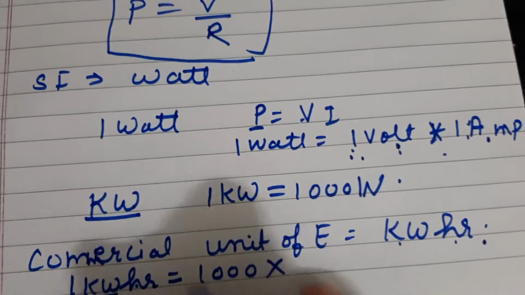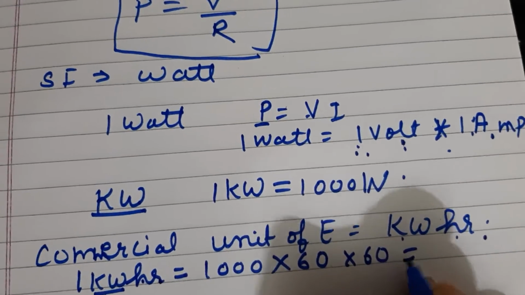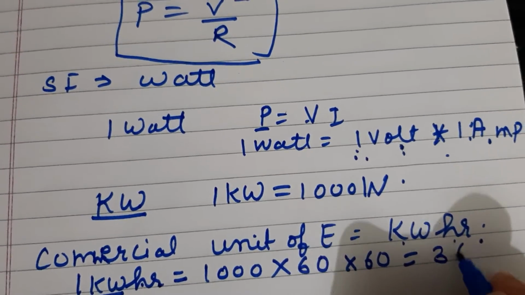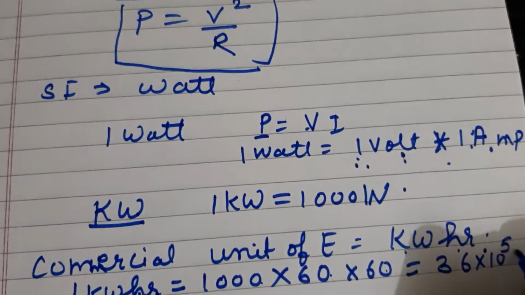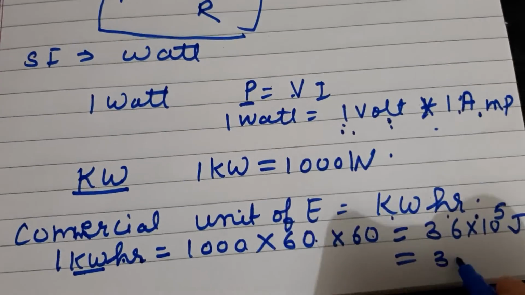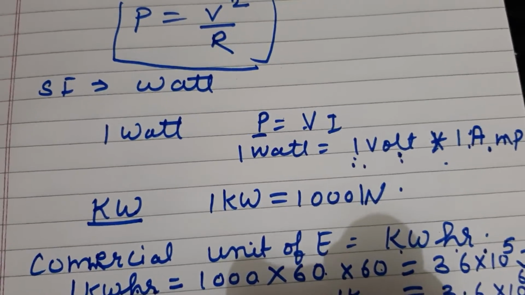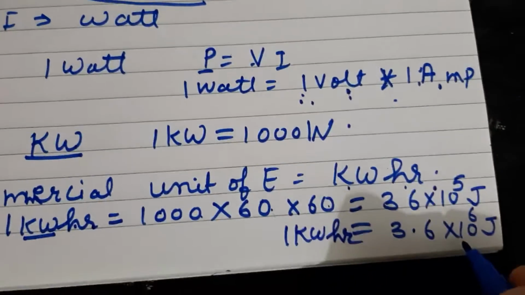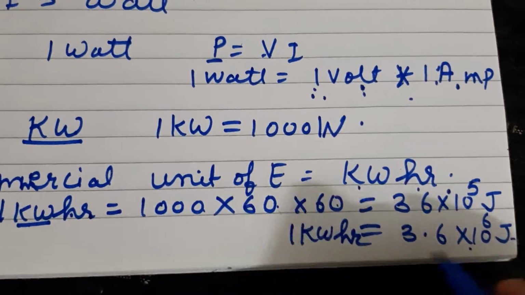In 1 hour there are 60 minutes, and in 60 minutes 60 seconds each. So it will be equal to 36 into 10 raised to power 5 joules, or we can write it as 3.6 into 10 raised to power 6 joules. So 1 kilowatt hour is equal to 3.6 into 10 raised to power 6 joules.